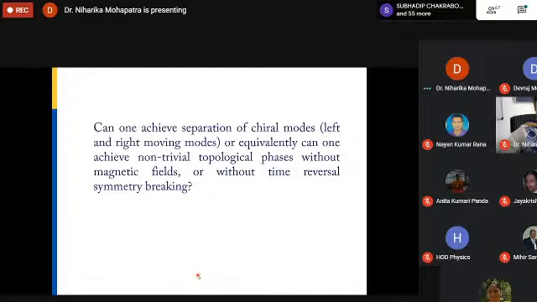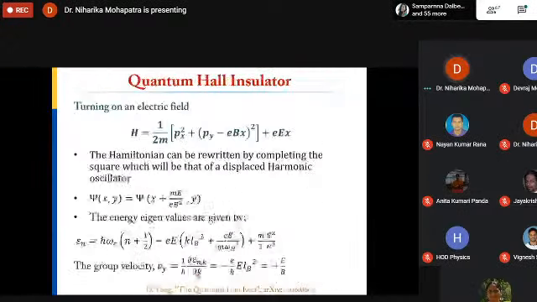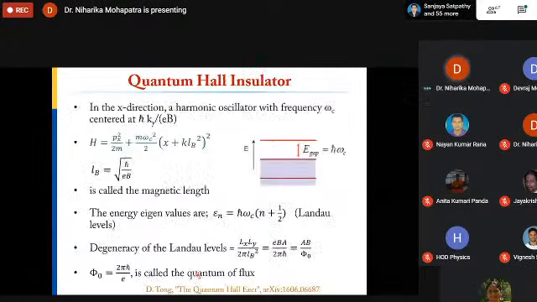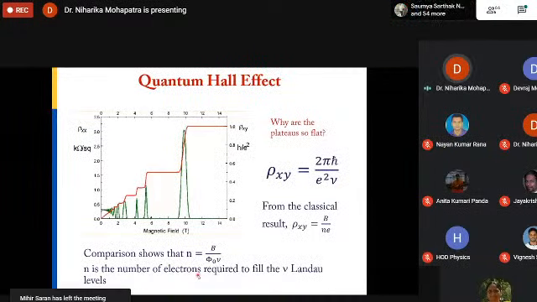The next point is, can we achieve the separation of chiral modes, like the quantum Hall effect we understood. In this quantum Hall effect, we have the edge states, and we could get this kind of behavior by applying very high magnetic field.